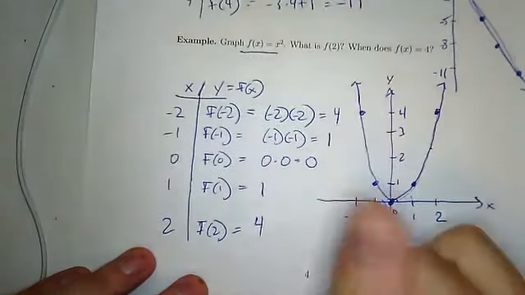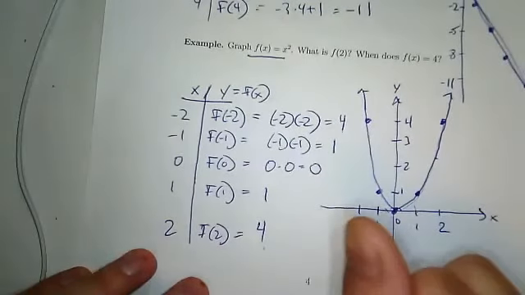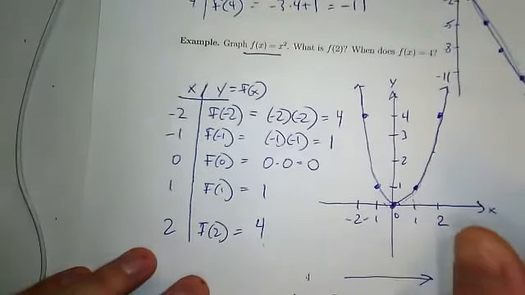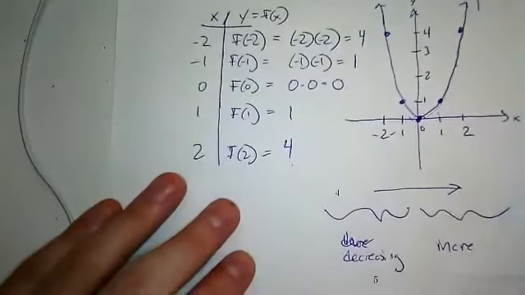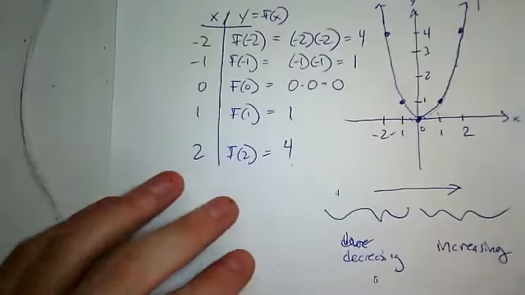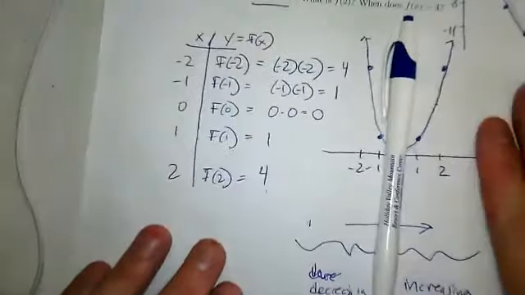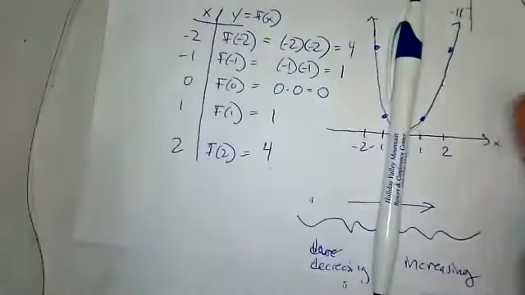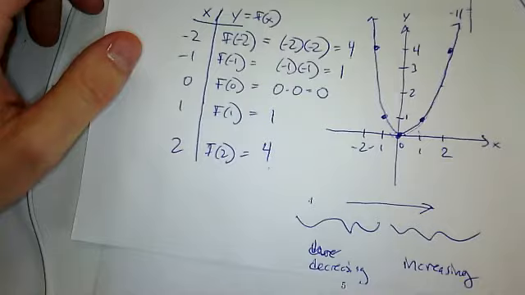So this function is decreasing here, and they're increasing from 0 to infinity. If I put my pen in the middle, on this side they're increasing, on this side they're decreasing. And neither of these functions is constant anywhere.